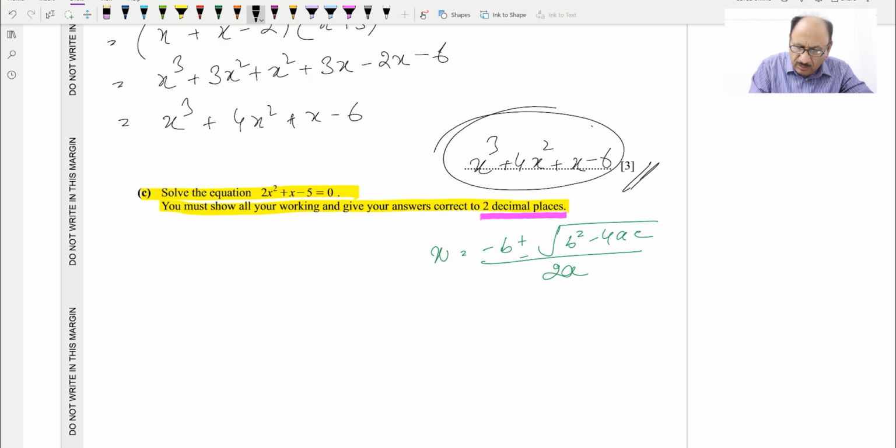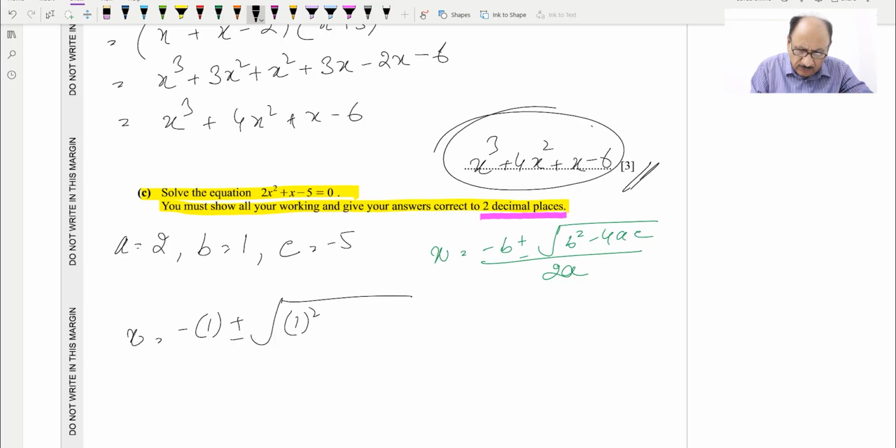So a will be the coefficient of x square, which is 2, b will be the coefficient of x, which is 1, and c will be the constant value, which is minus 5. We will replace this in the formula, so x will be equal to minus 1 plus minus square root of 1 square minus 4 into a, which is 2, and c, which is minus 5, over 2a, so over 2 into 2.